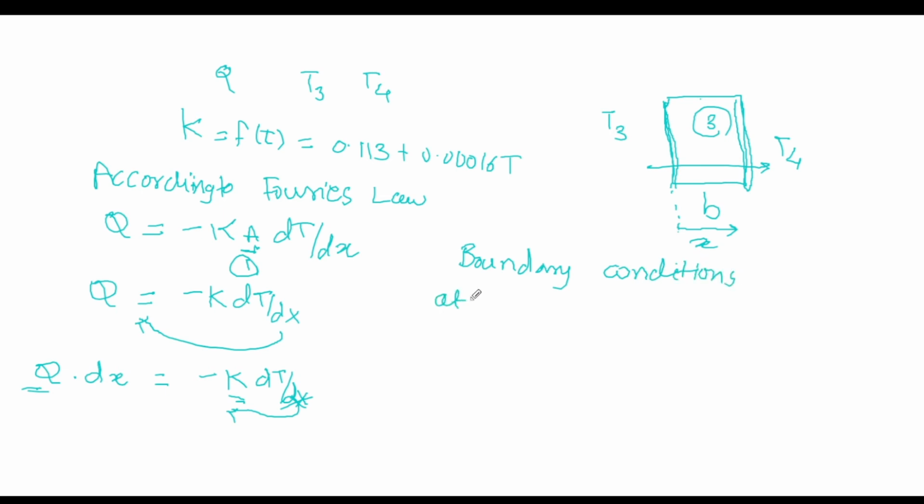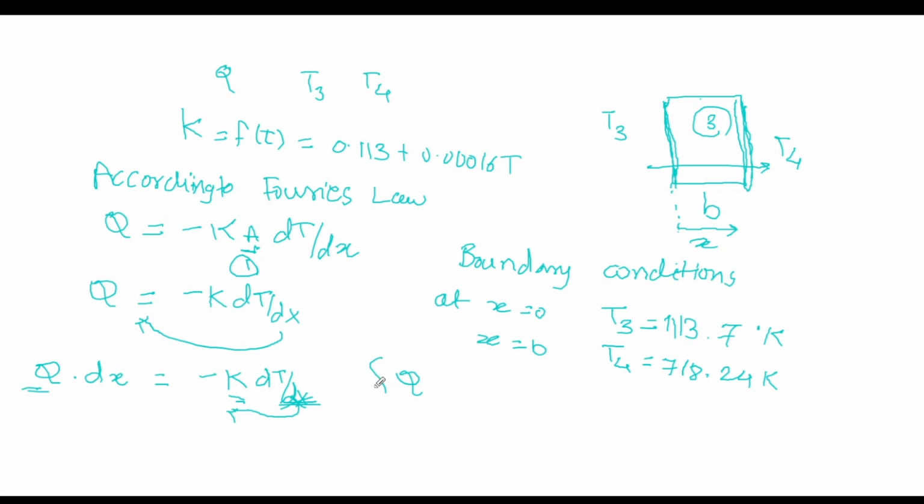At x equals 0, that is on the surface, the temperature T3 will be equal to 1113.7 degree Kelvin. At x equals B, that is at this surface, the temperature will be T4, that is 718.24 Kelvin.